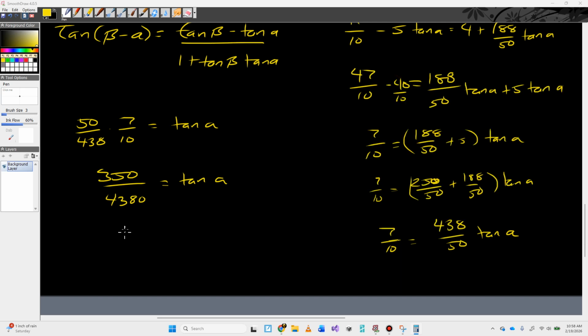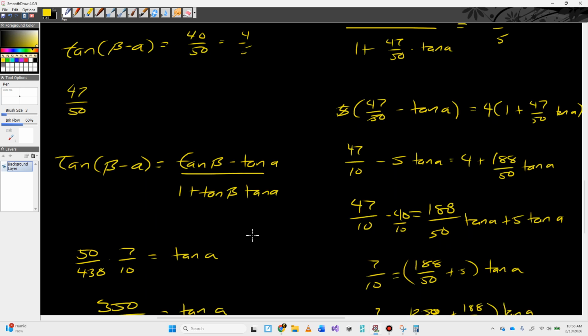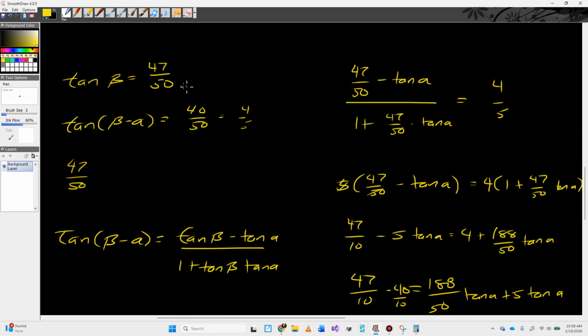So tan A is equal to 0.79. Okay, so I have tan of beta is equal to 47 over 50, and tan alpha is equal to 0.079, well, 0.08.